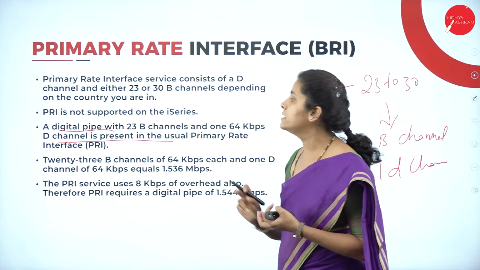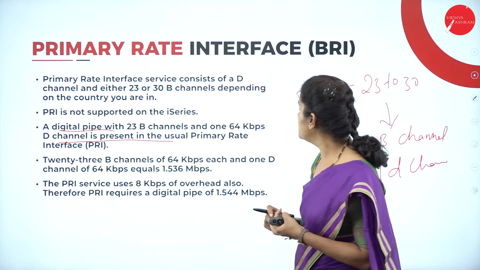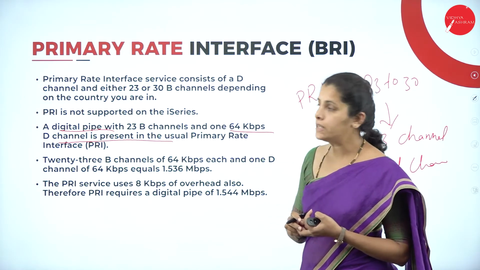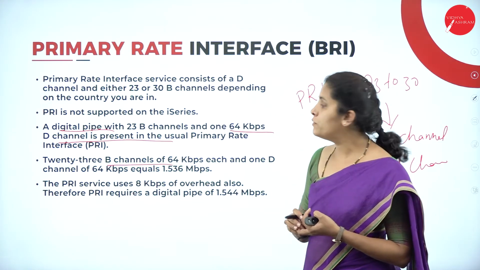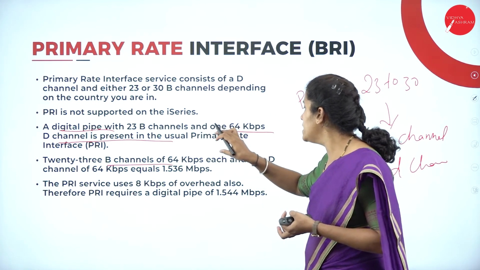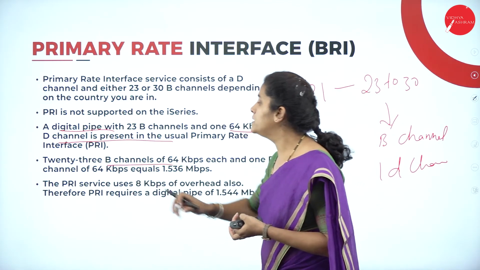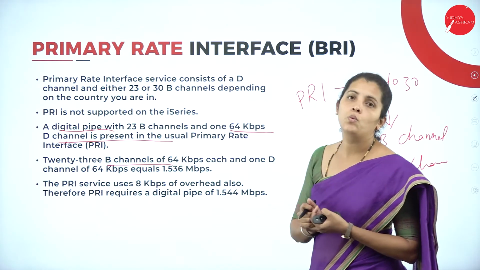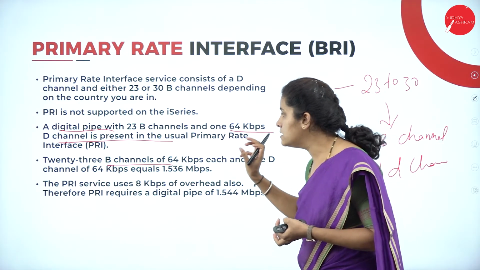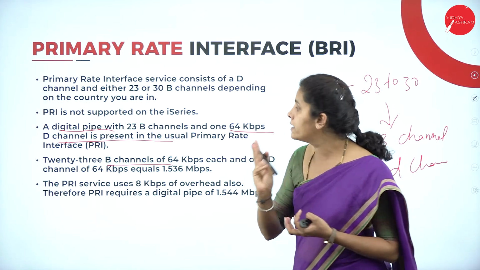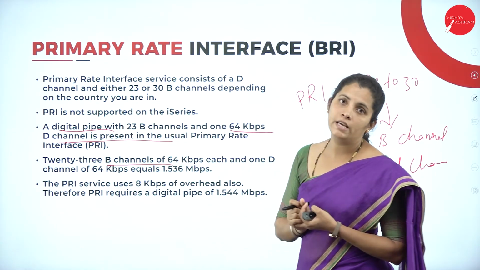But whereas in 23 B channel, the service capacity is 64 kilobits per second. So the 23 B channel of 64 kilobits per second each and 1 D channel of 64 kilobits per second equal to 1.536 Mbps, that is megabits per second. That means here we are going to add 24 channels, and what is the capacity of each B channel?